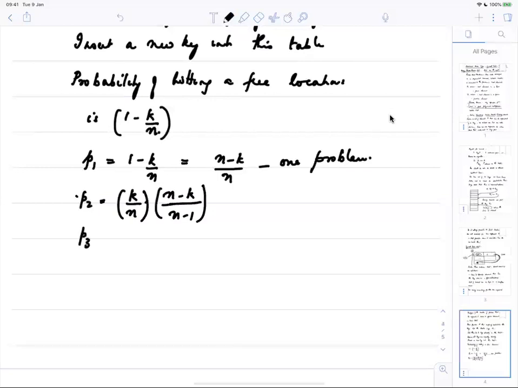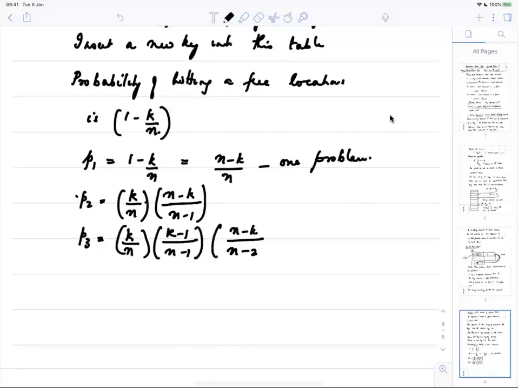Similarly, P3 will be k by n into k minus 1 by n minus 1, because again it collided, times n minus k by n minus 2, and so on.